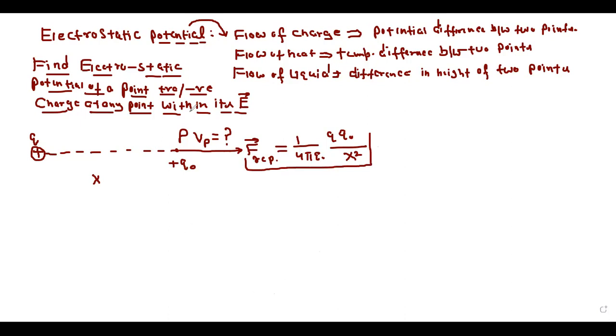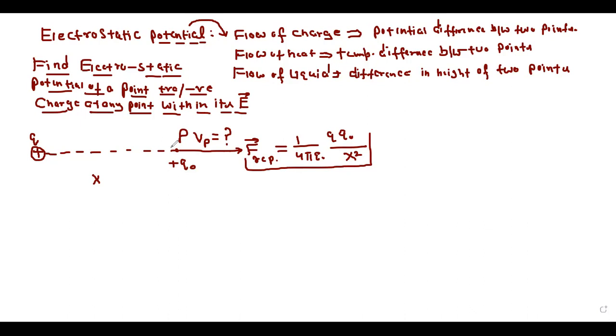So I want to find out the potential at P. Because a repulsive force is there on this test charge, it means the test charge is placed within the electric field of this charge.